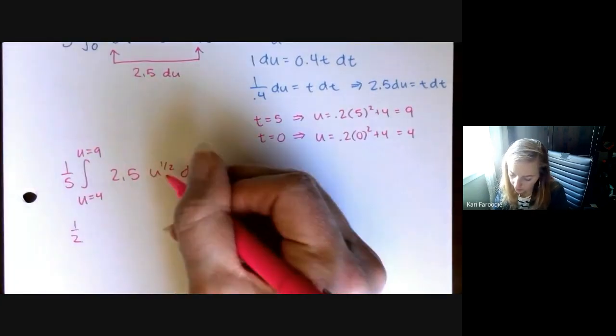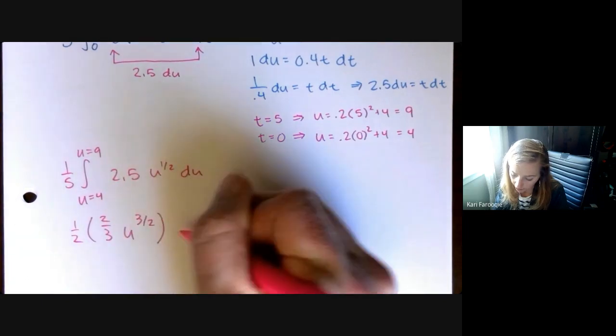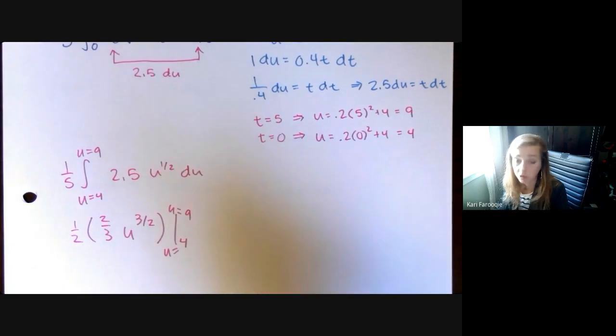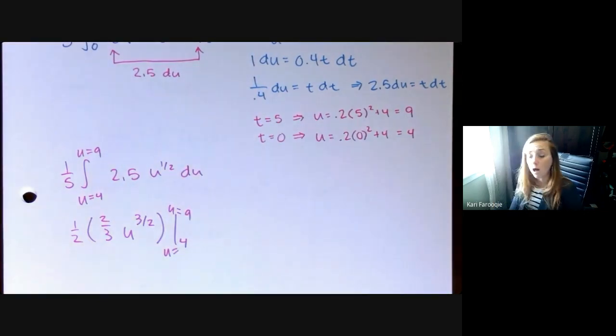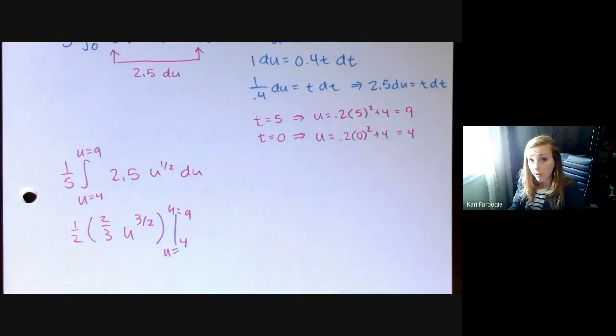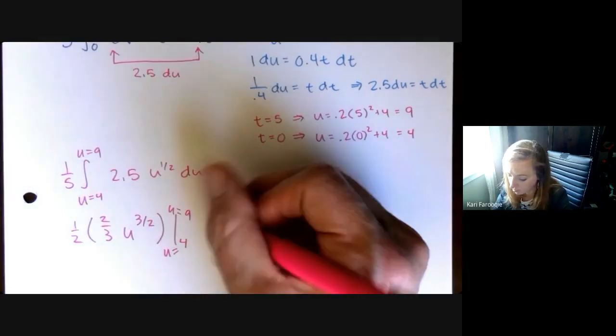So we have 1/2 and then times 2/3 u to the 3/2 when we integrate, going from u equals 4 to u equals 9. If you opted to back substitute and you didn't change your limits, this is where you go back, substitute the u expression for t in this case, and then just use the original limits. But I already changed my limits, so I'm just going to use the FTC with these limits.